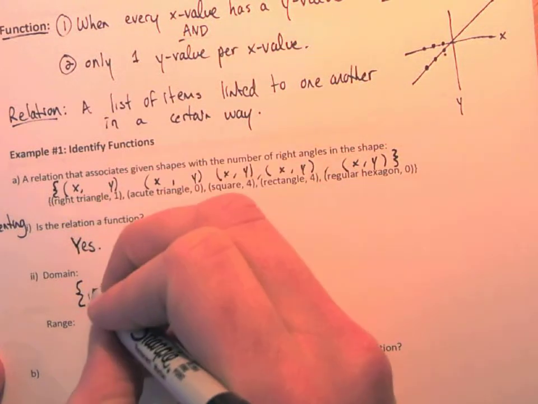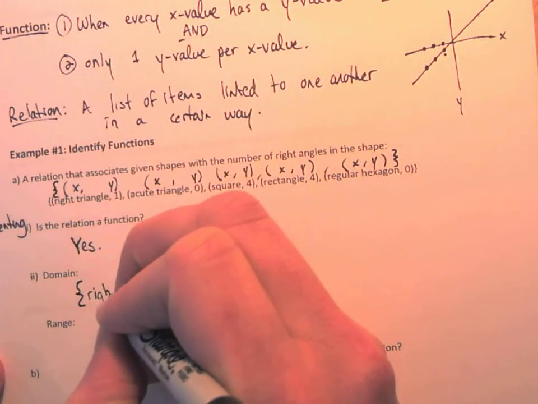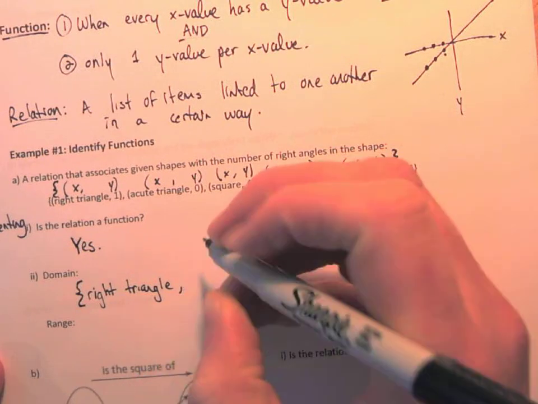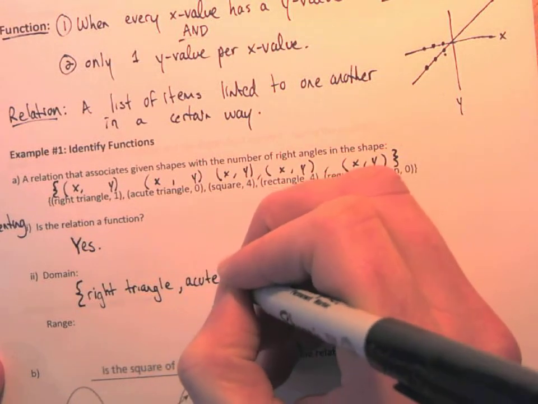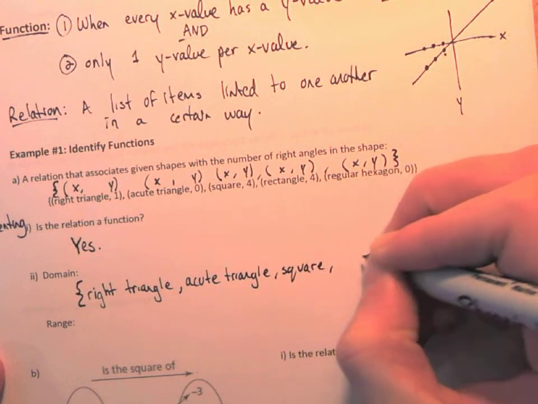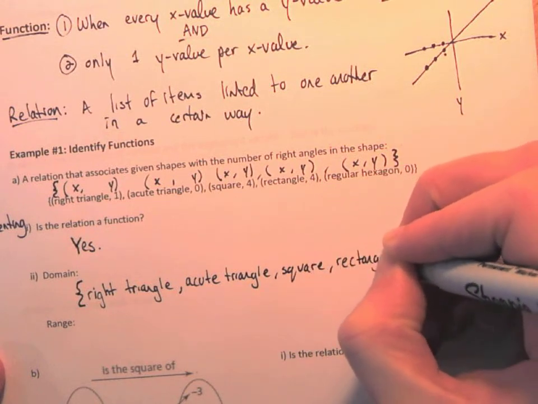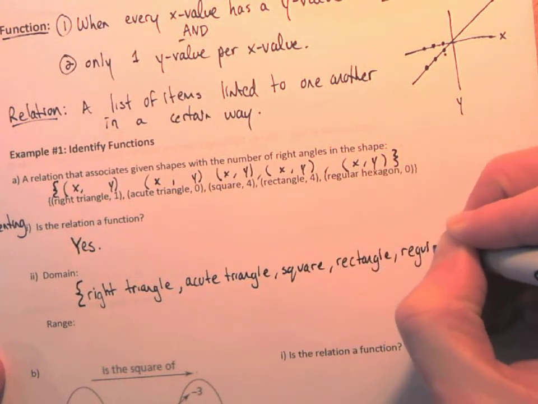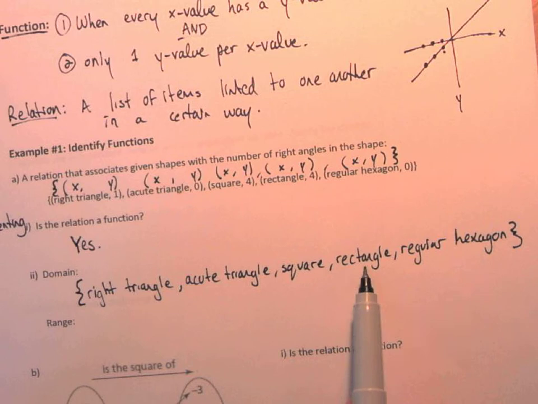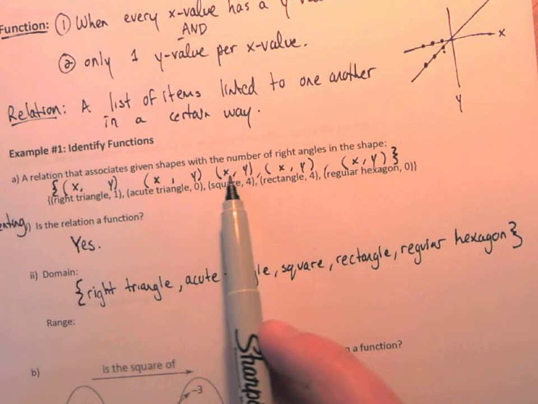So right triangle, acute triangle, square, rectangle, and regular hexagon, and then closed off with curly brackets. You can see we have 1, 2, 3, 4, 5 elements of the domain.